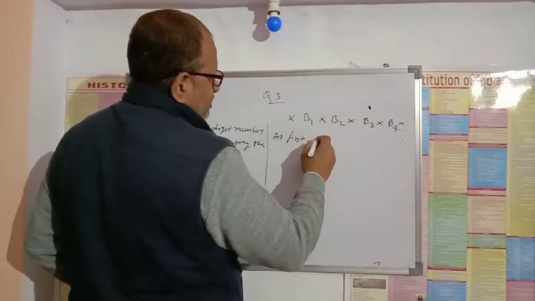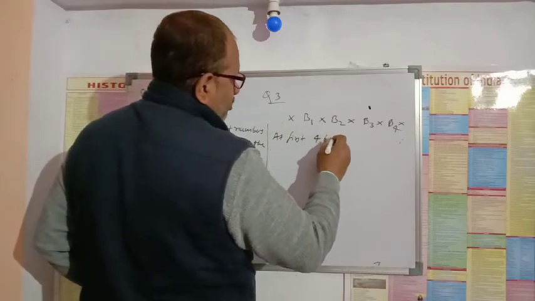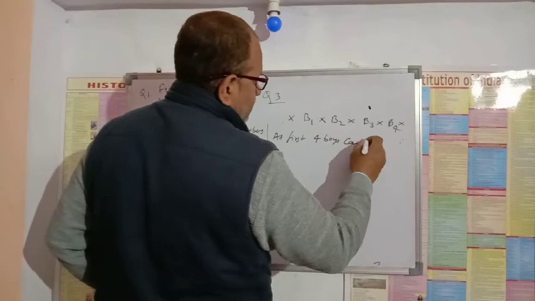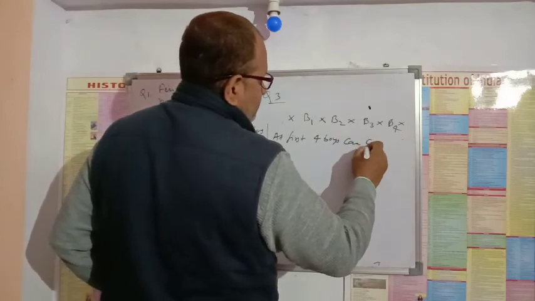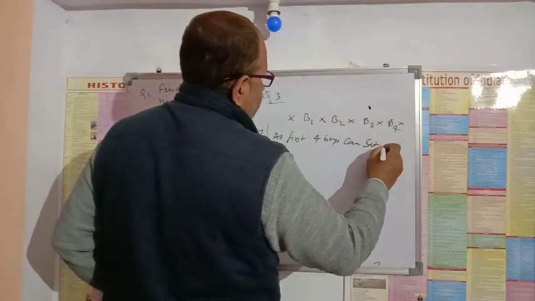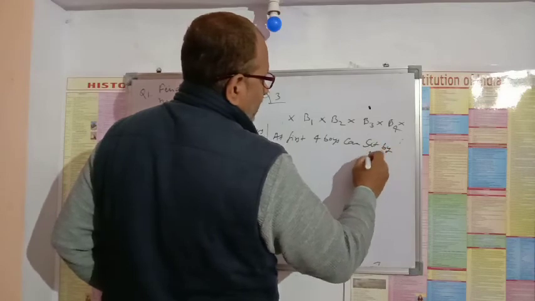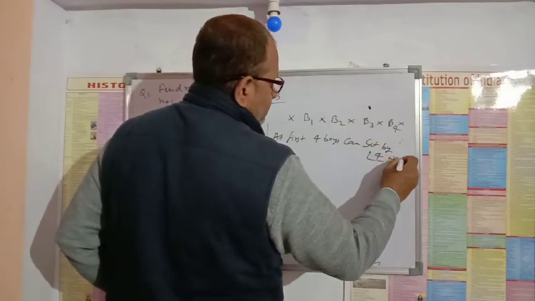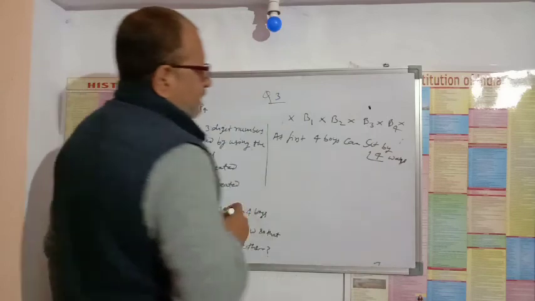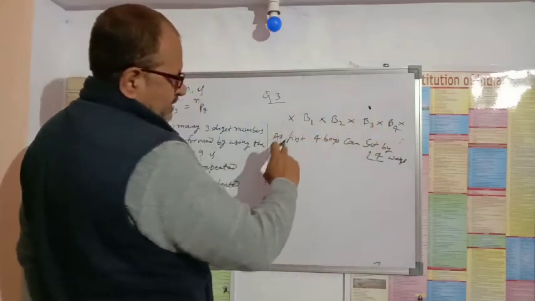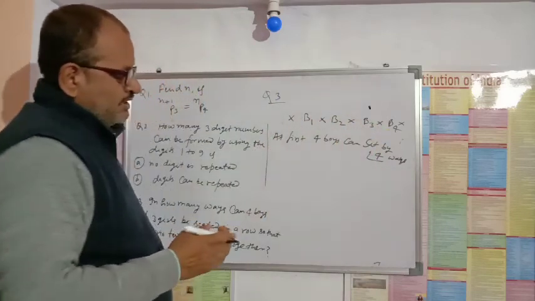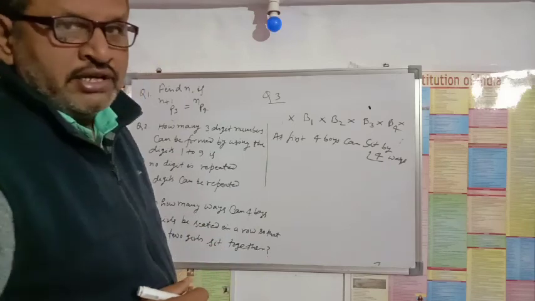So at first, 4 boys can sit by factorial 4 ways.